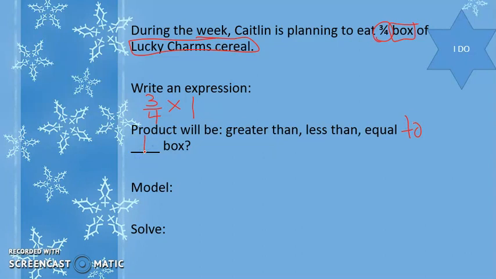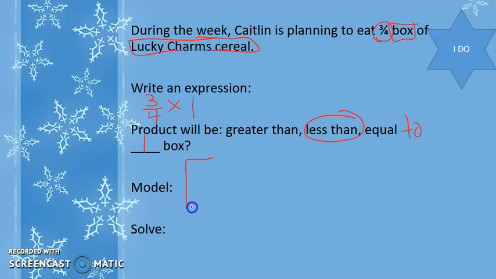Okay, we just went over a rule where 3/4 times 1, anytime we have our fraction times a whole number 1, the product is going to be the fraction. So I'm going to model it and we're going to solve, but using the rule, we already know that the product is going to be less than the 1 box of cereal.